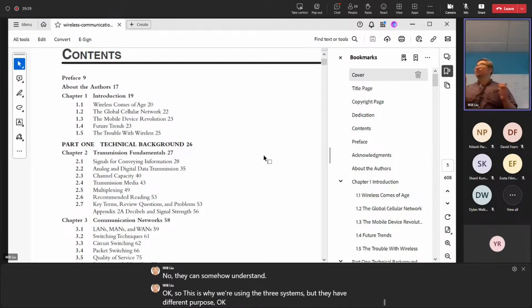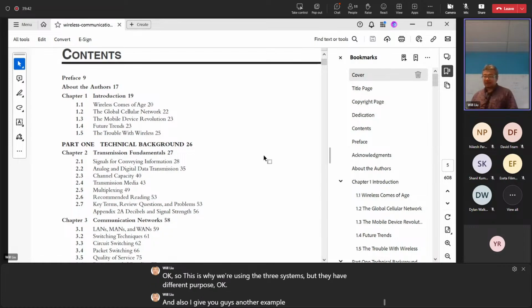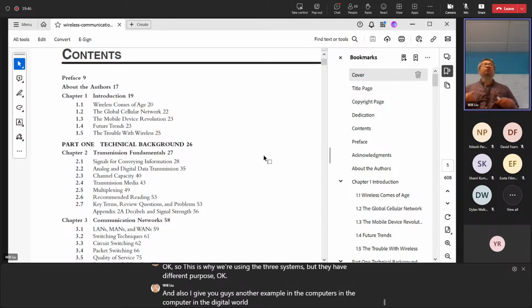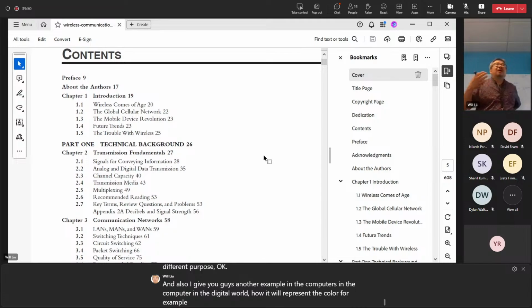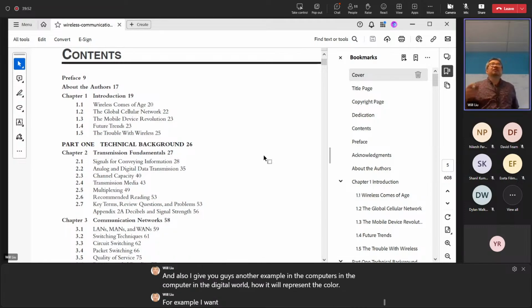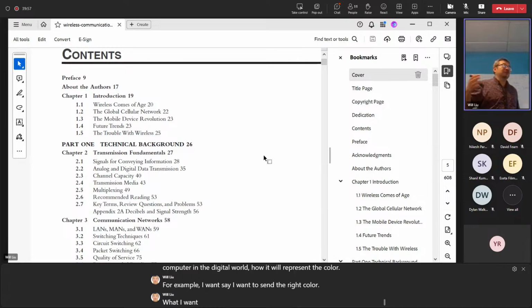Okay, and also, I'll give you guys another example. In computers, in the digital world, how do we represent color? For example, I want to send the red color, or I want to use the red color.